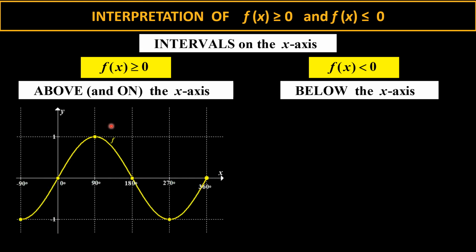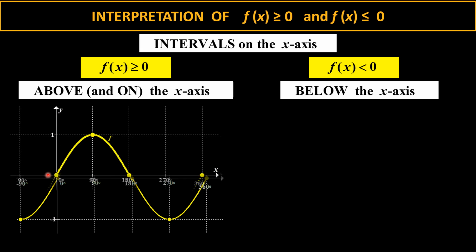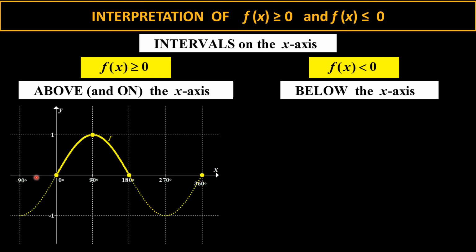So let's look at this graph. You see there's the graph from negative 90 to 360. I want to look at the portion above the x-axis. Let's make it more visible for you. You can see the above portion I've got in the solid line, and the below is in the dotted line.